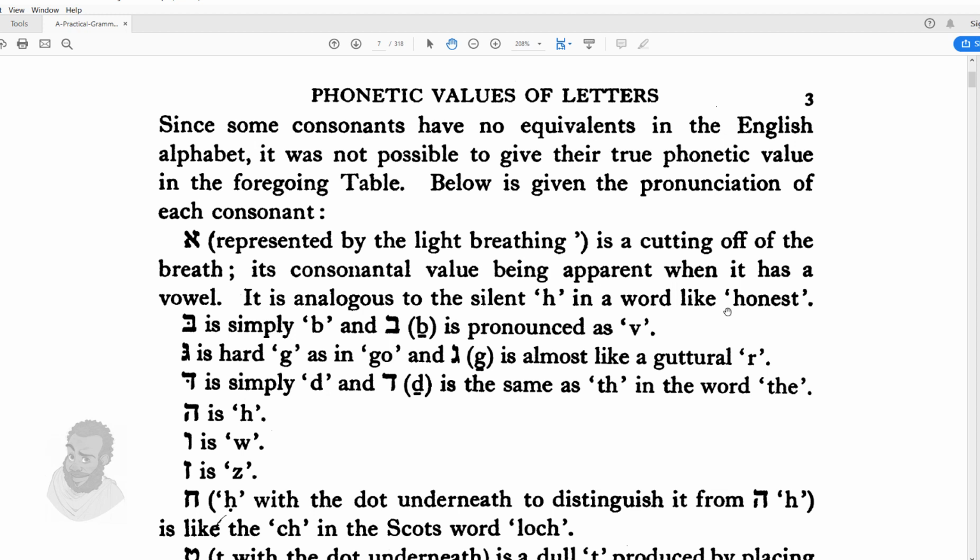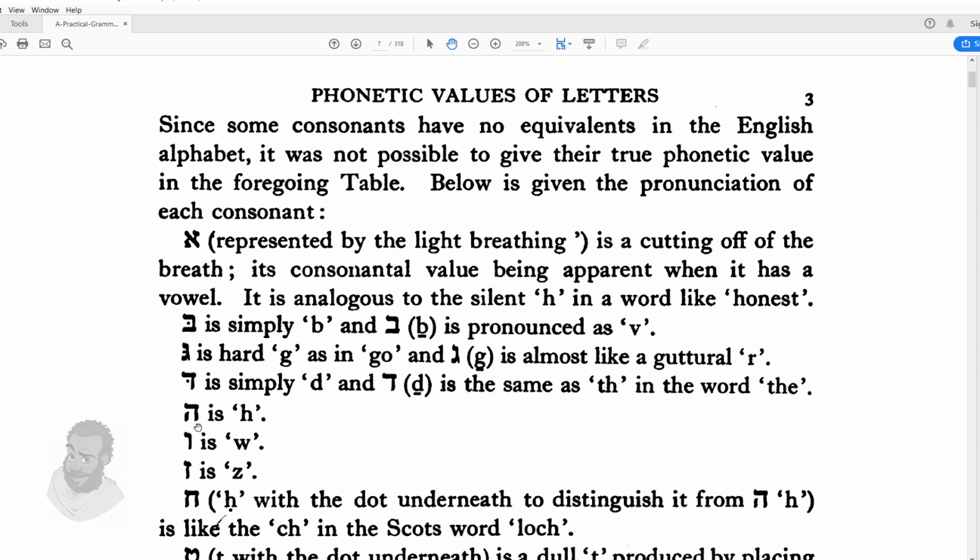I think it's fine. Gimel is hard, as in go, and Gimel is almost like a guttural R. Okay, you have Daleth, which is simply D, and Daleth with the soft pronunciation is the same as TH in the word the.